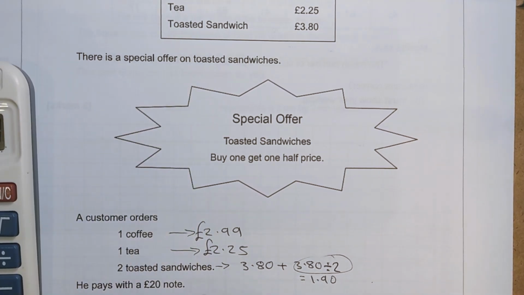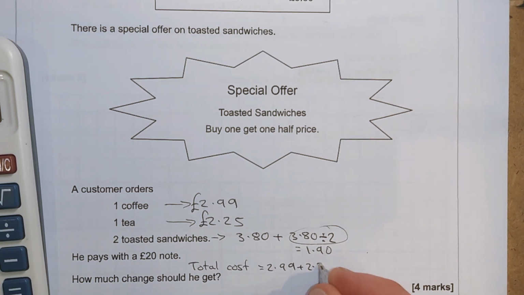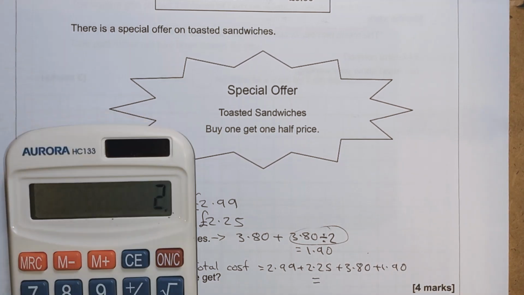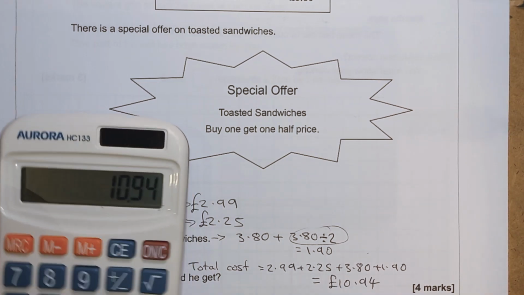So the total cost is £2.99 plus £2.25 plus £3.80 plus £1.90. And that gives us a total of £10.94.